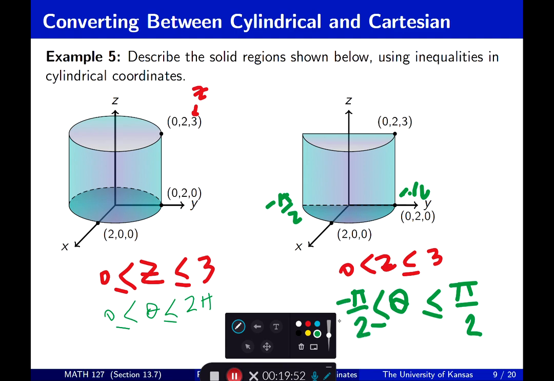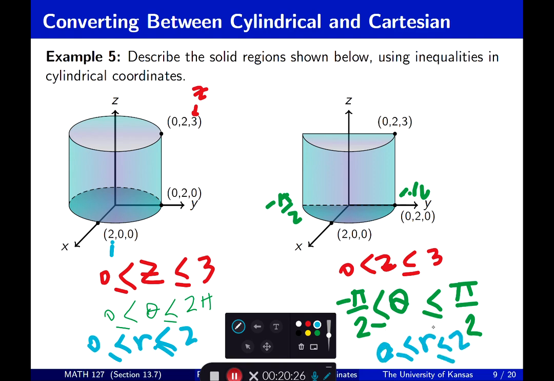For this one, R: when you're inside the cylinder, R is less than 2, but when you're on the boundary of the cylinder, R is equal to 2. So R is between 0 and 2, and here also 0 and 2.